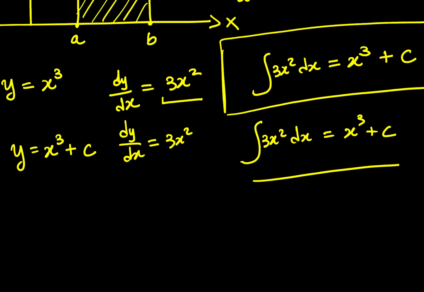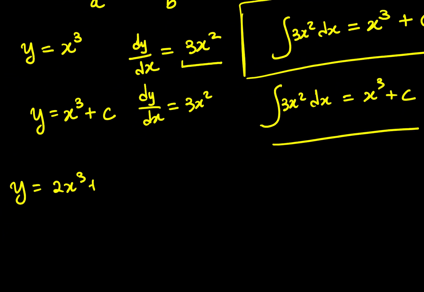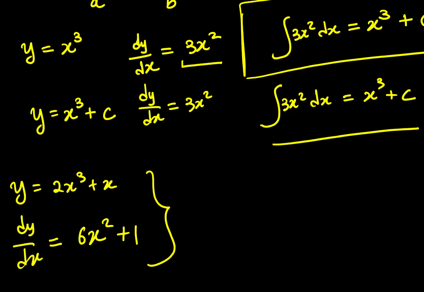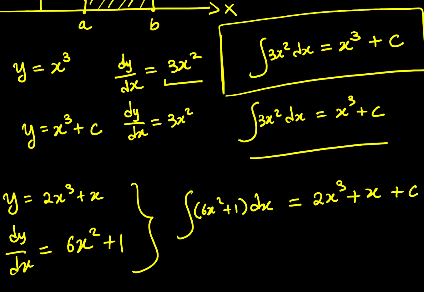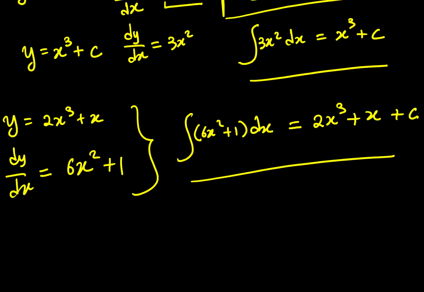In the same way, if we have y equal to 2x cubed plus x, then dy dx will be equal to 6x squared plus 1. What this means is that the integral of 6x squared plus 1 dx will be equal to 2x cubed plus x plus c. In other words, integration is the antiderivative of a given function.